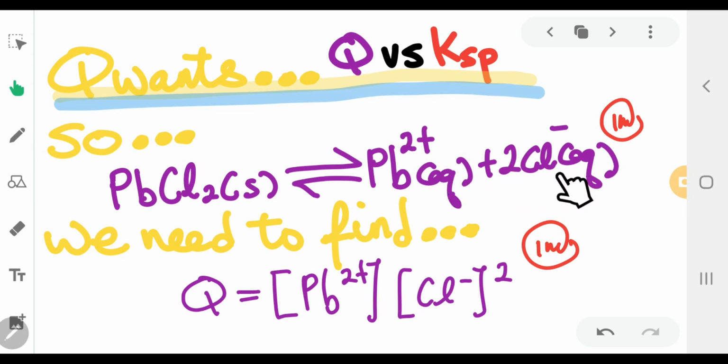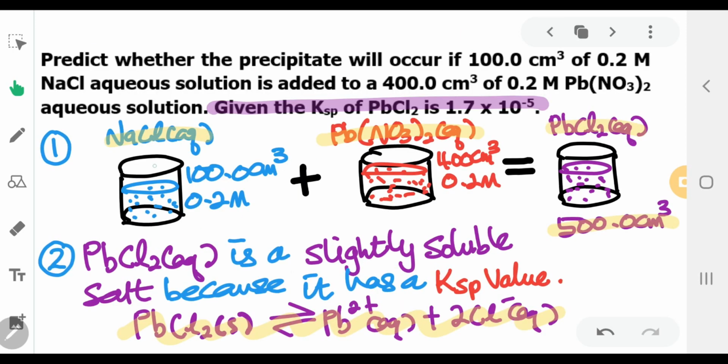Now, what you need to do next is to find the concentration of Cl- and the concentration of Pb2+. And from where do you get that from? You're going to get that from the very soluble salts here. You're going to get the concentration of Cl- from the NaCl aqueous, the information from here.